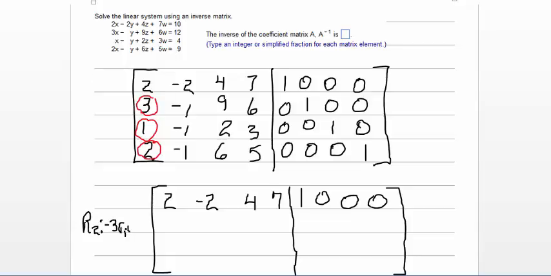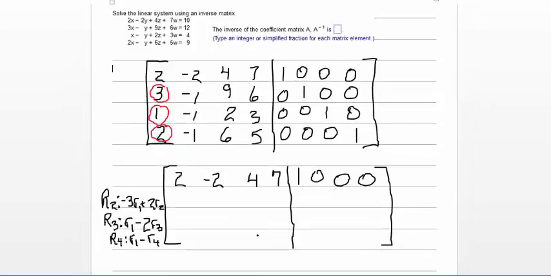So when we're getting the zeros in column 1, we don't change row 1. So I recopied that. We're going to change row 2, row 3, and row 4 so that we get zeros in the circled entries. So I'm going to need to multiply row 1 by -3, and add that to 2 times row 2 to get my new row 2.